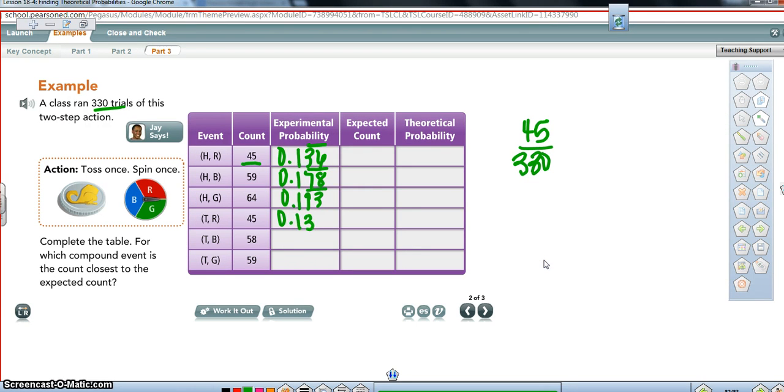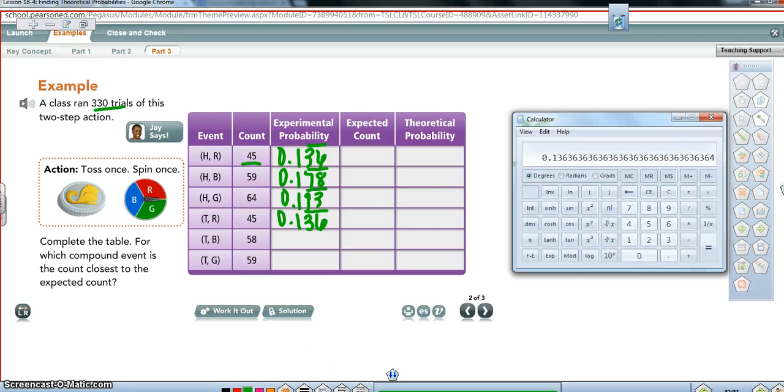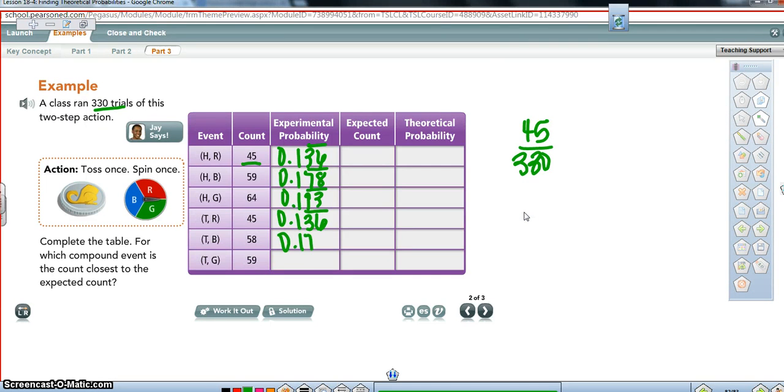Oh yeah, we already got that earlier. 58. And we got 59 out of 330 earlier, so we already know that one.